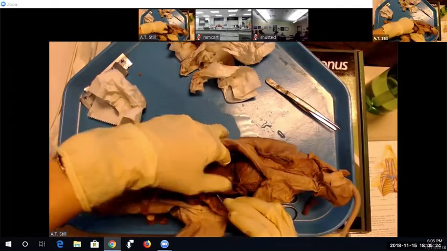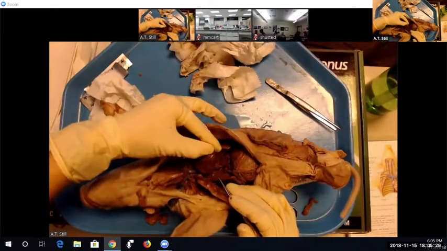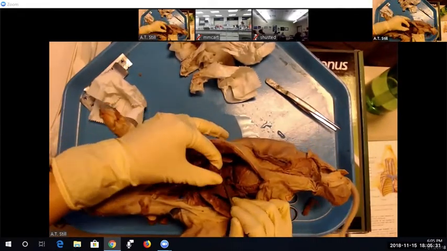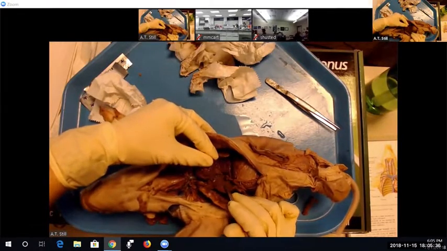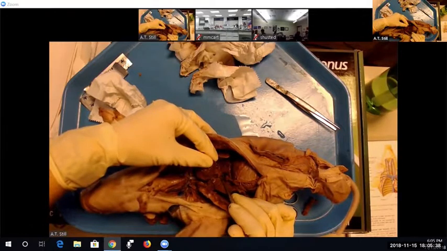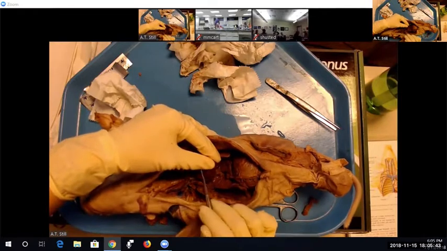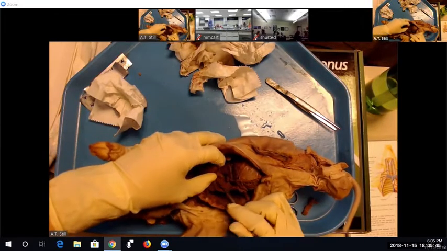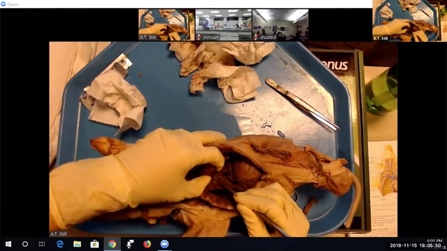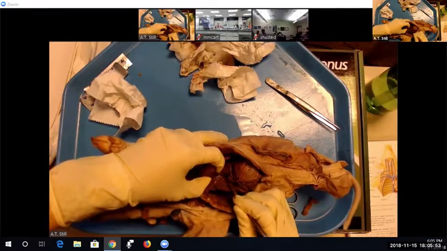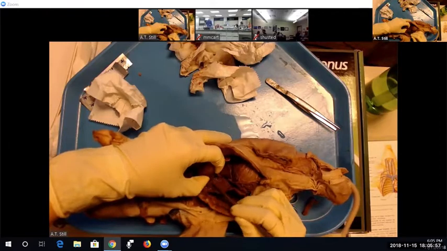And you should be able to, if you actually just pull the heart upwards and maybe over to one side, coming up from below, you should be able to identify the inferior vena cava, which is the great vessel that's bringing the deoxygenated blood from the tissues of the rest of the lower body back into the right atrium of the heart. So what we want to do is, once you identify the inferior vena cava, you're going to use your scissors to just cut that vessel and free up the heart.